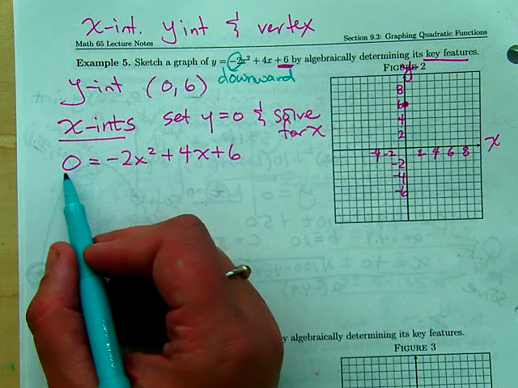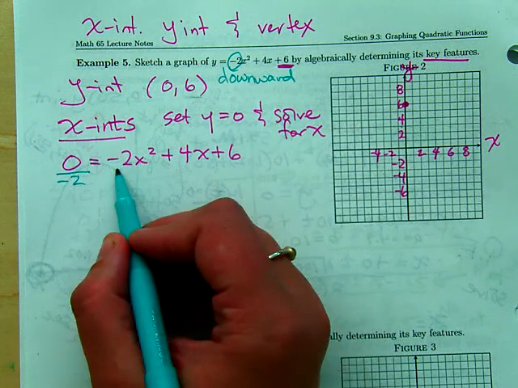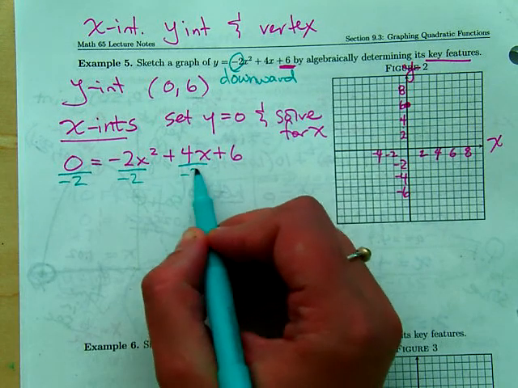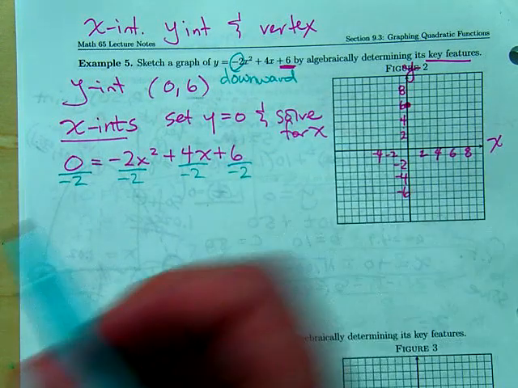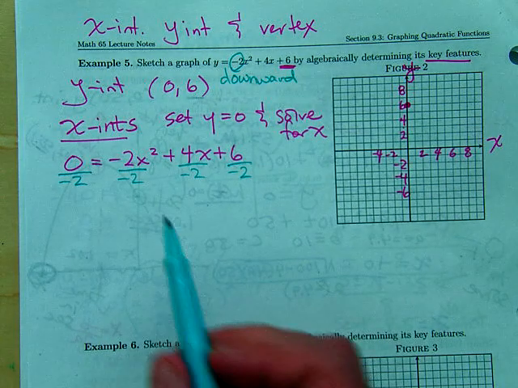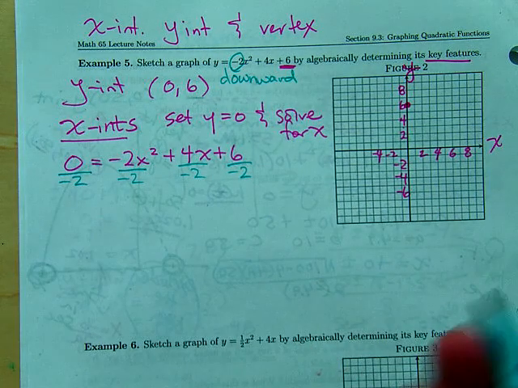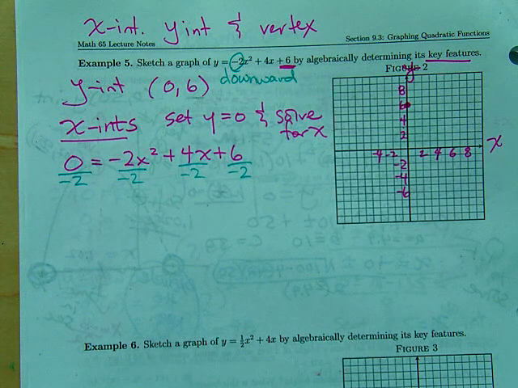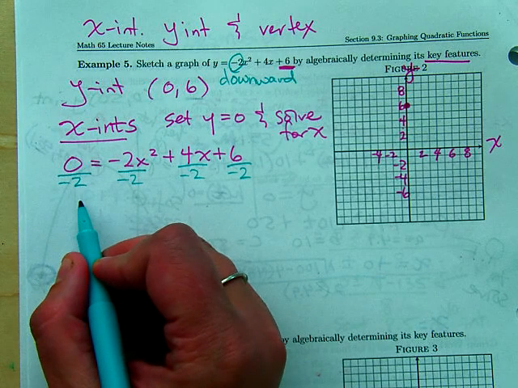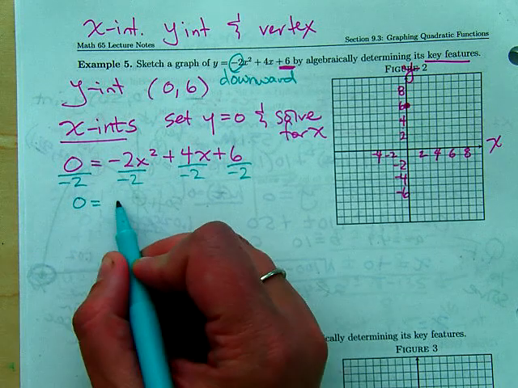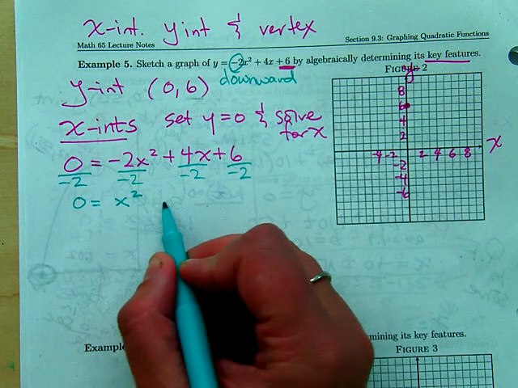And because we're solving, we can divide both sides by that greatest common factor. You wouldn't want to do that if it was an x, but you can do that here because that's solving. We can do whatever we want so long as we do the same thing to both sides, right? What's 0 divided by negative 2? 0 equals, what do we get over here?